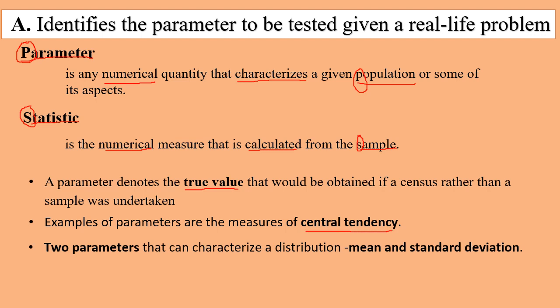The two parameters commonly used to characterize a distribution are the mean and standard deviation.